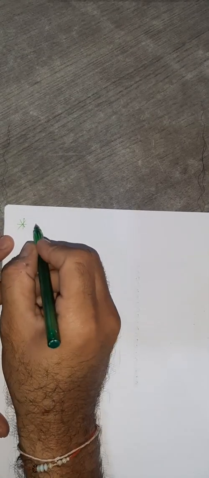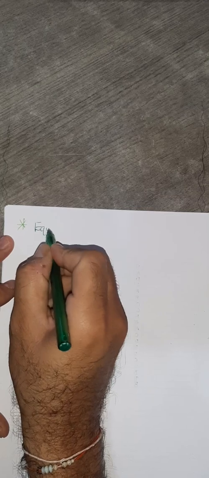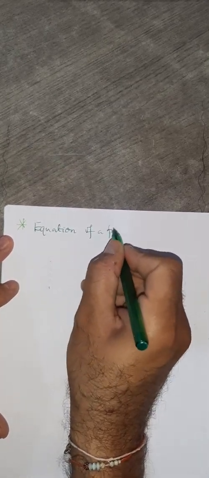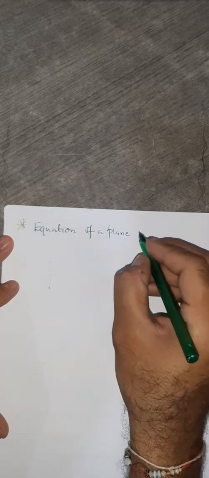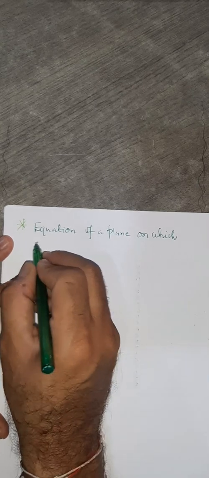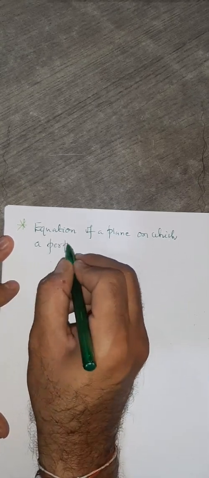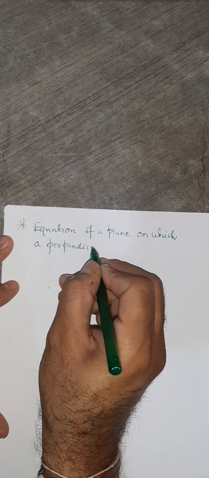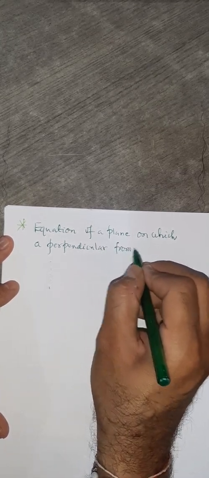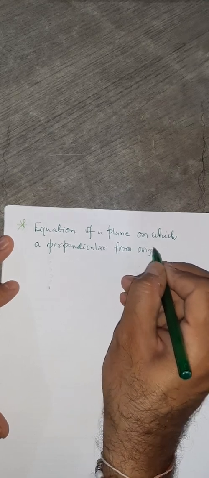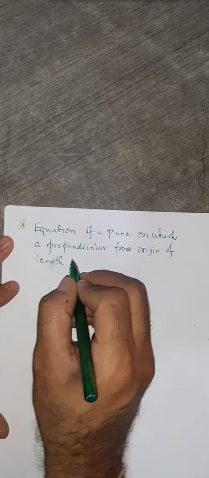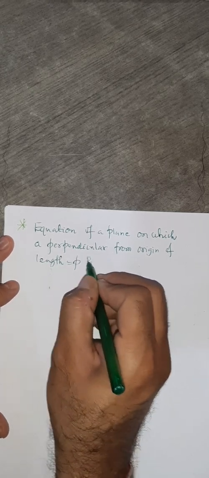Here now, the next form, that is the equation of a plane. Equation of a plane on which a perpendicular from origin of length, say small p, is drawn.